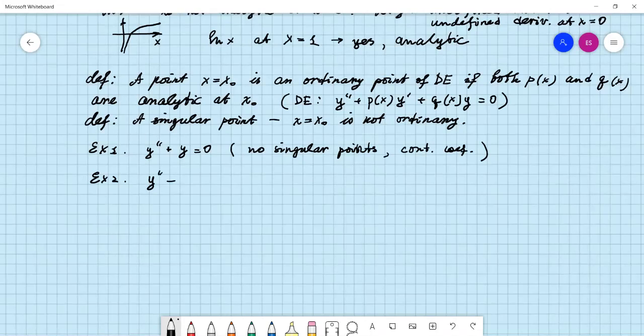Example 2. Second derivative of y plus e to the power of x times first derivative of y plus sine of x times y equals 0. Well, we know that this one is analytic, and this one is analytic.